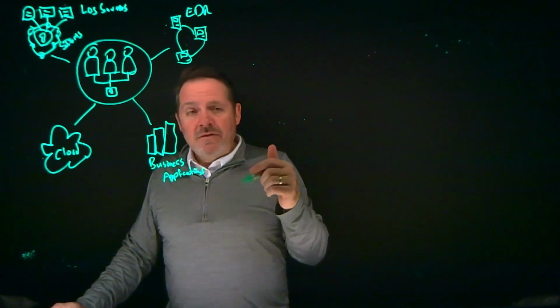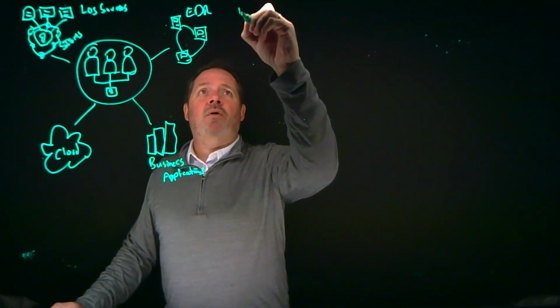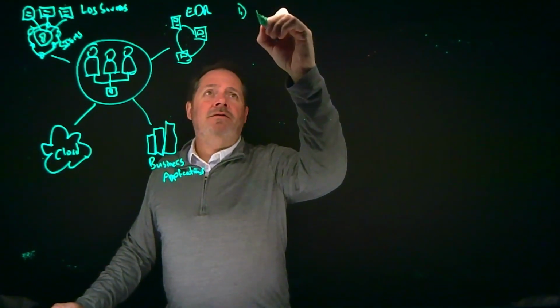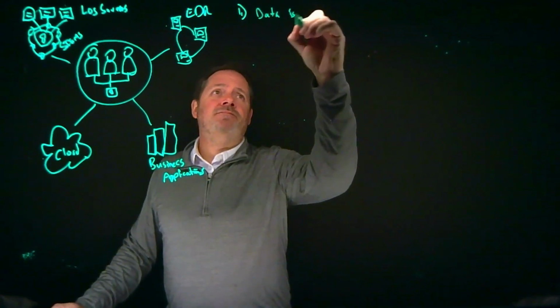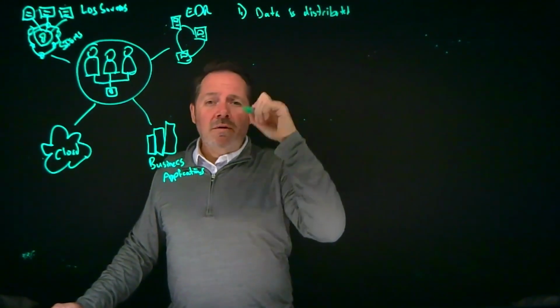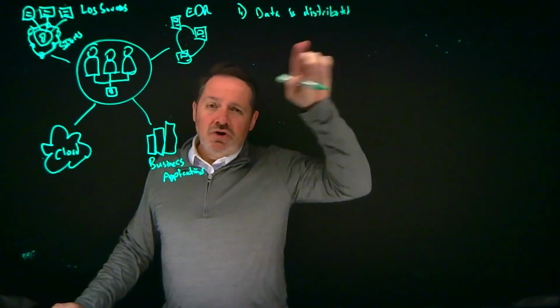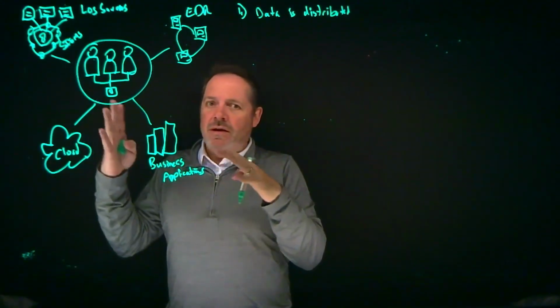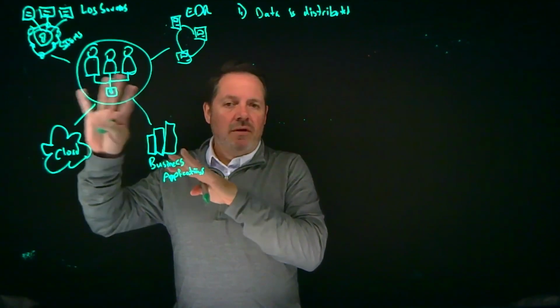Now, one of the answers to this, and let me put one of my big notes here, is that data is going to be distributed. That's one of the big takeaways here. And as long as you agree with that point, you need a solution that can deal with your data wherever it's distributed, wherever it sits.